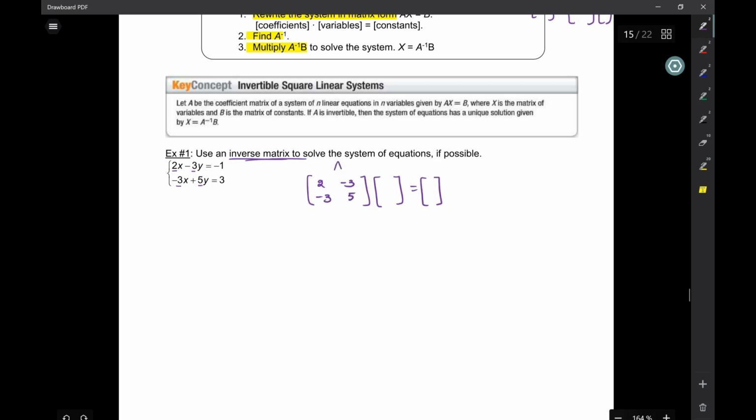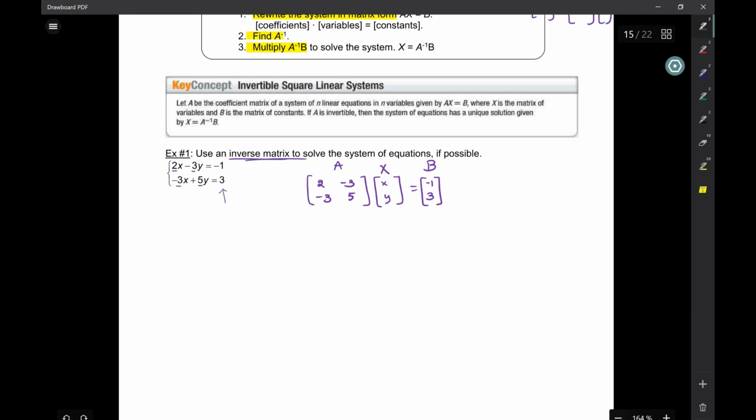Okay, that's the A matrix. Then in the X matrix, we put our variables. In our case, the variables are X and Y. Then I have my B matrix, -1, 3. Those are the constants here.